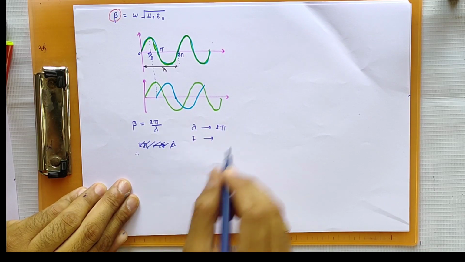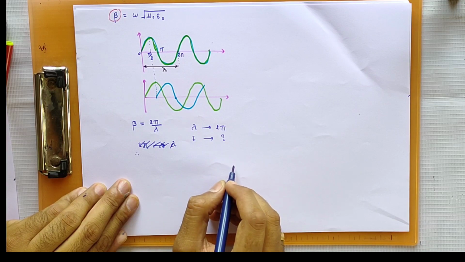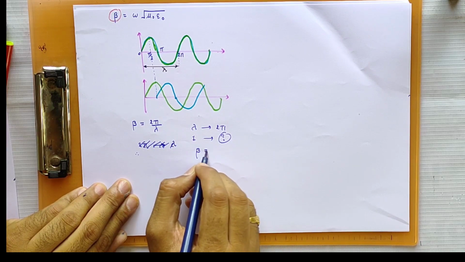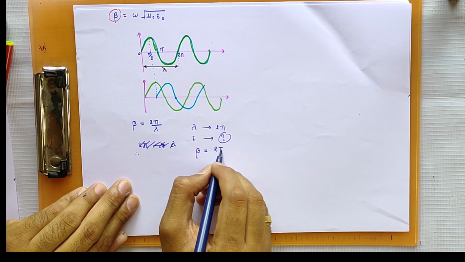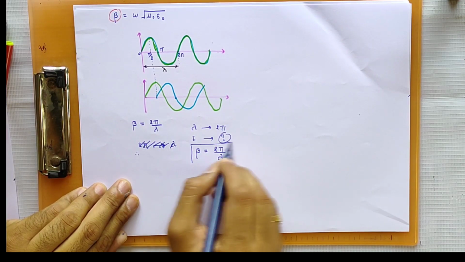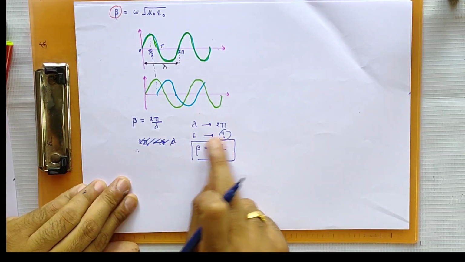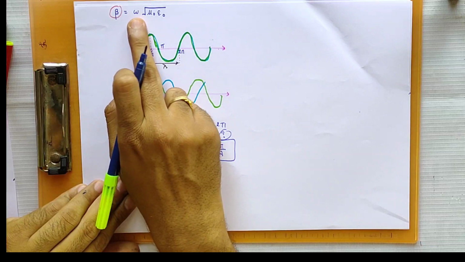For 1 meter, what should be the phase difference? This question mark is nothing but beta. That is why beta is equal to 2 pi by lambda. Clear? So beta is nothing but 2 pi by lambda, which equals omega under root of mu 0 epsilon 0.